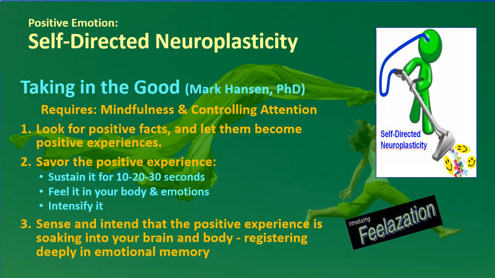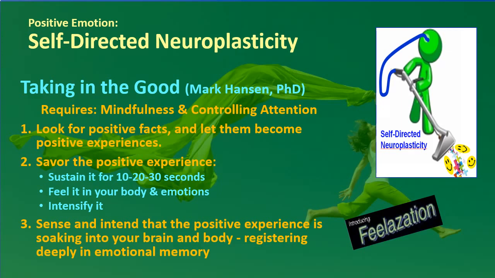So savoring is self-directed neuroplasticity. It's taking in the good, as Mark Hansen likes to say. You have to be mindful, control your attention, look for the positive facts, let them become positive experiences, savor that positive experience, revisit it, feel it in your body and your emotions, and intensify it.